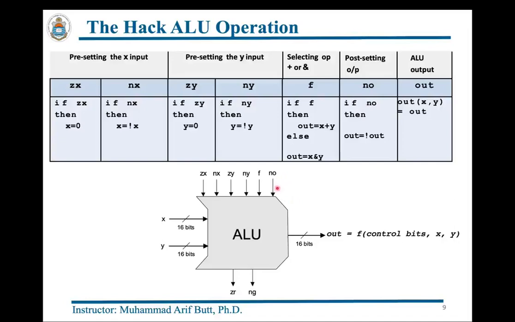If this NO bit is 1, then we negate the output. Whatever we have achieved over here, we negate it. And if NO is 0, we do nothing with this output. And finally, this is the output. So I've tried to describe it quickly. If you have understood it, it is fine. If you have not, I recommend that you re-listen to this part of the lecture before moving ahead.